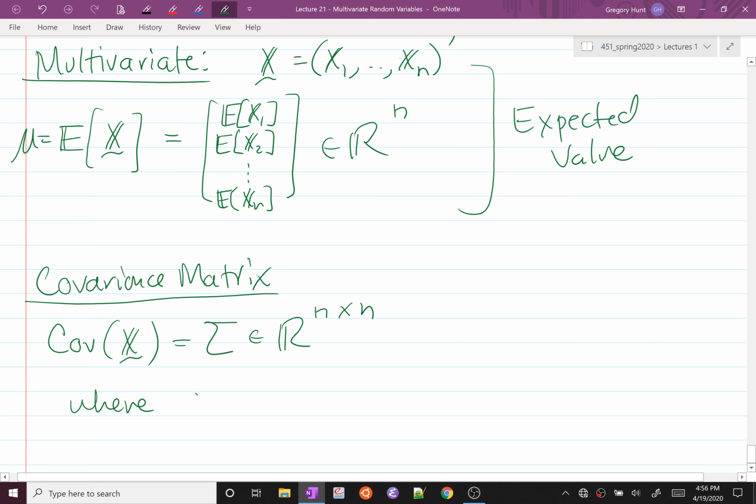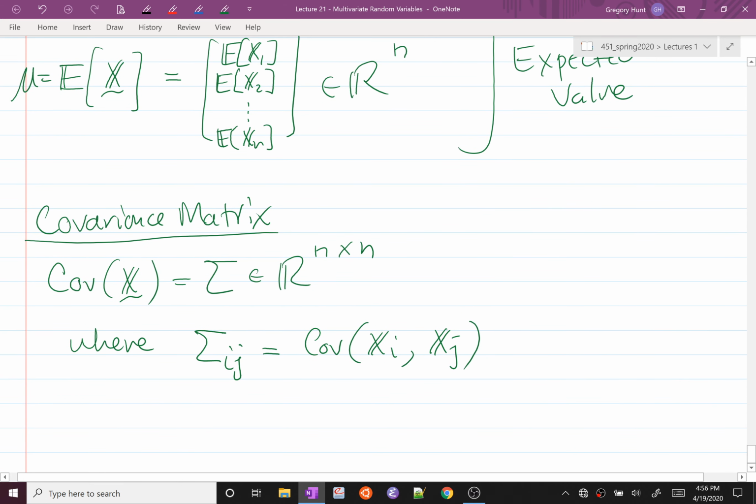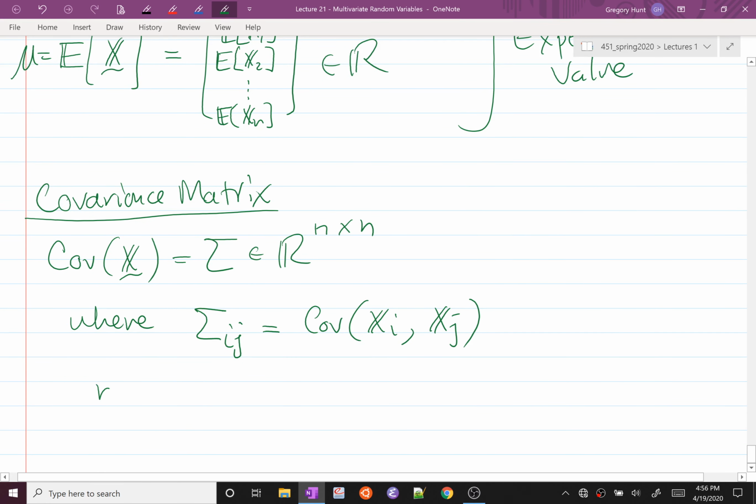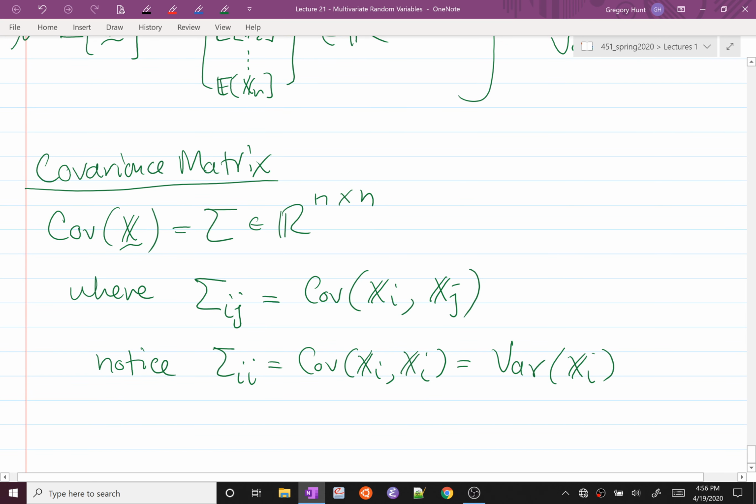The entries, sigma sub ij, are defined as the covariance between x sub i and x sub j. Notice that this means sigma sub ii is the covariance of x sub i with itself, which is the univariate variance of x sub i. So it's the variance covariance matrix, or often just shortened to covariance matrix.